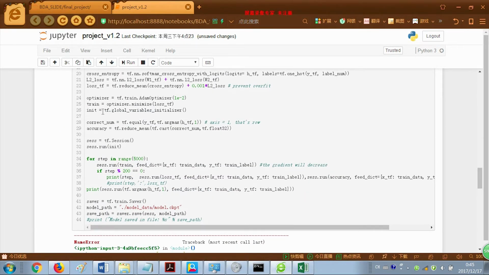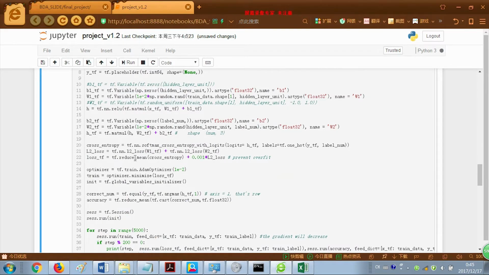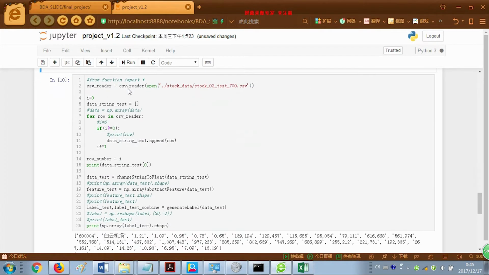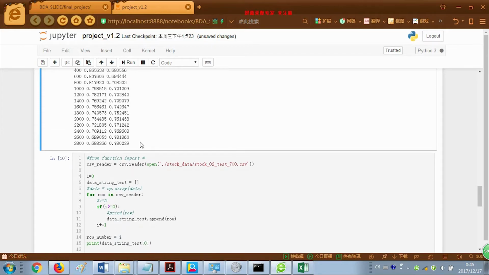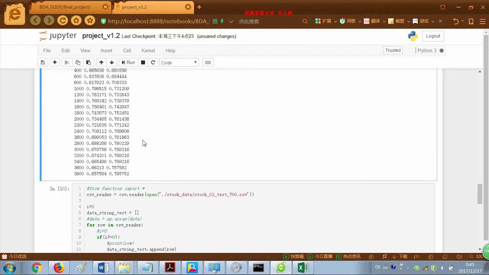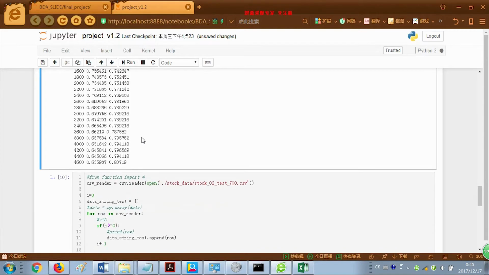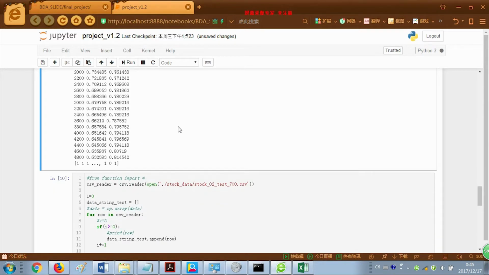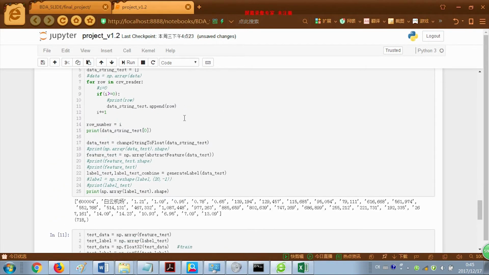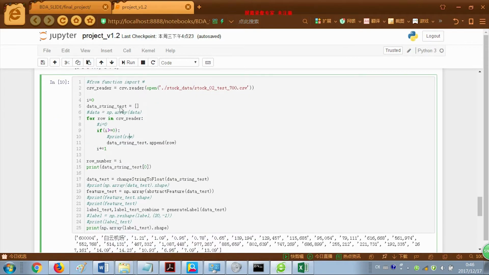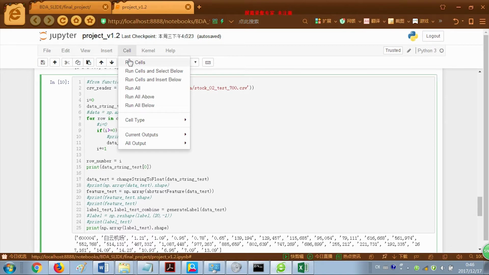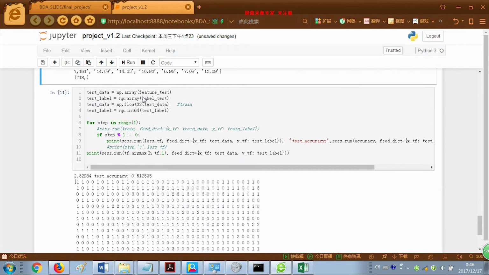And then we could run our model. We could find that the accuracy is growing. And then we need to collect the test data and process it. Let me run this cell.